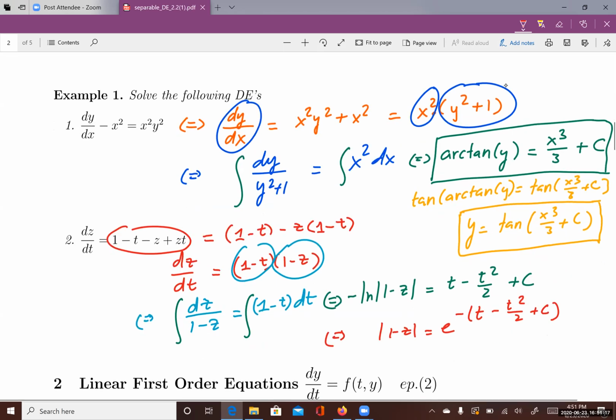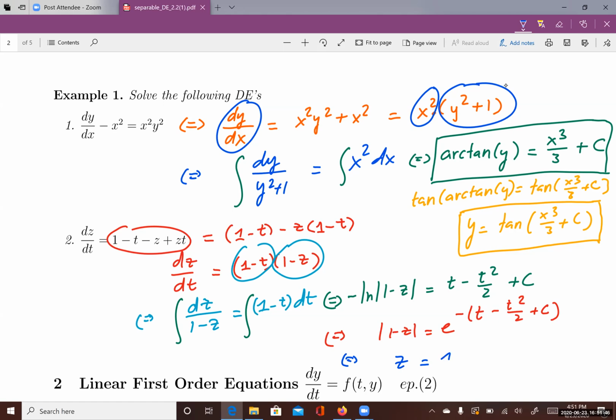Okay. And then this is equivalent to, I can just get rid of the absolute value right now, and then e to the c, e to the constant, is a constant, so I can move it out, right? Then I move z to the right side and move this to the left side.